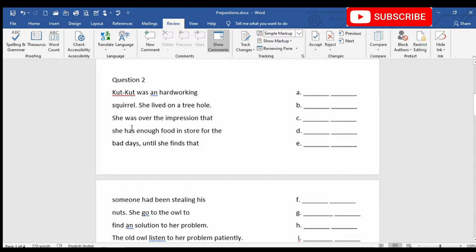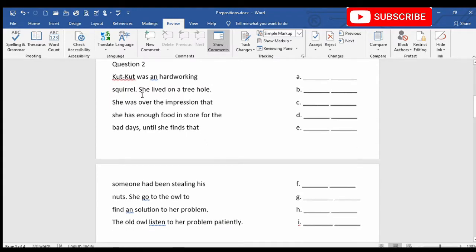The same way, here also every line has a mistake, and you will have to identify that mistake and do the correction. Now, as I have already said, first you must read the paragraph to understand what is the tense of the question and then begin answering the question. Let's read the paragraph. Kut was an hard-working squirrel.